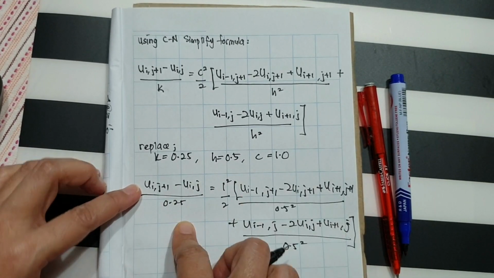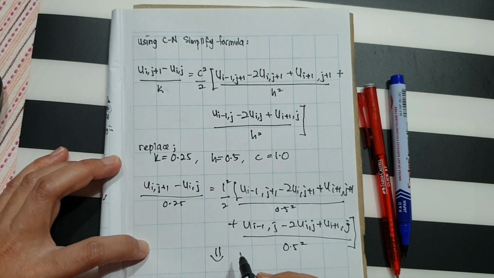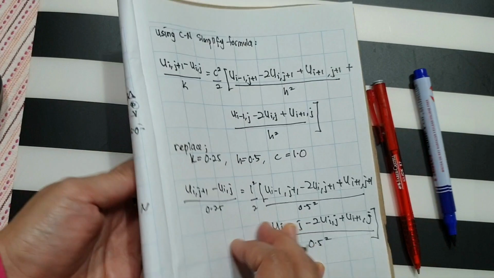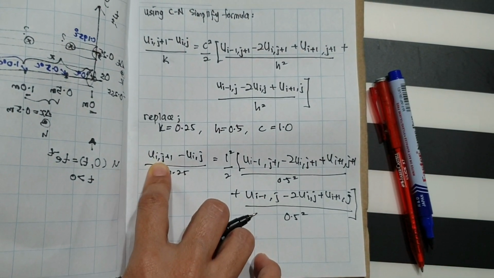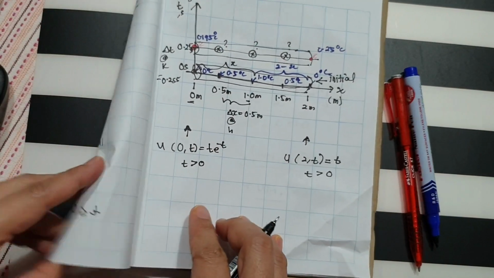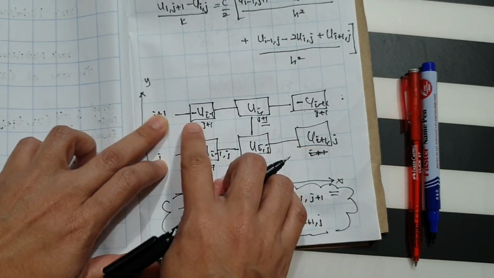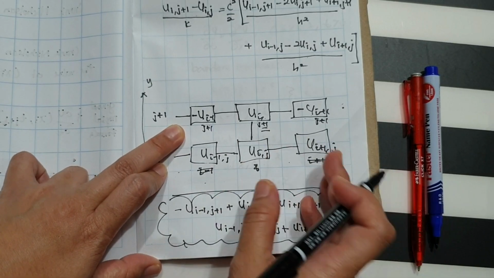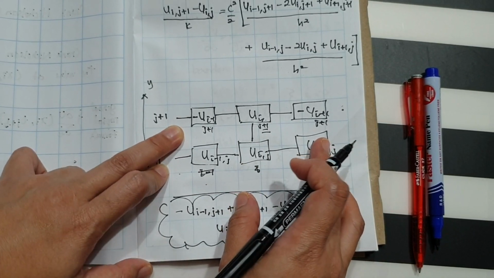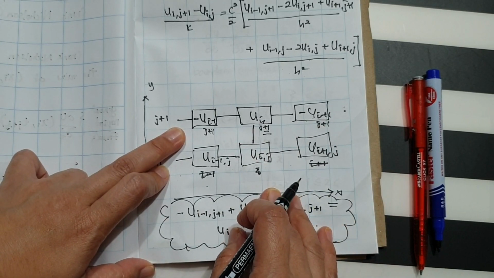Okay, so from here, simplify the equation until you can get it in the form of top equal to bottom. What is top equal to bottom? So you have to look at the coordinate for u. Refer to this one. You must organize the last equation that you have created from the simplified Crank-Nicolson formula, after you replace the values for r, k, and also c.